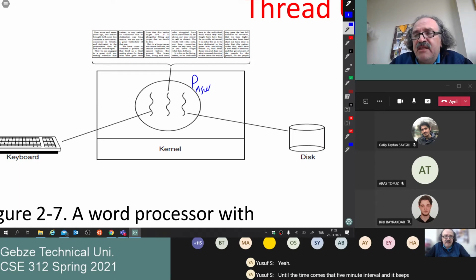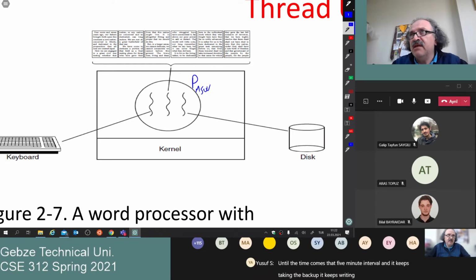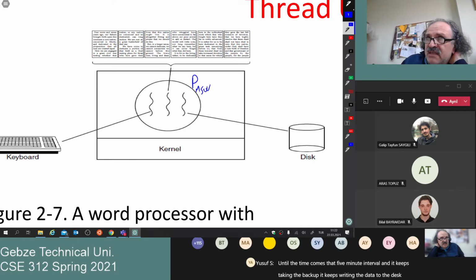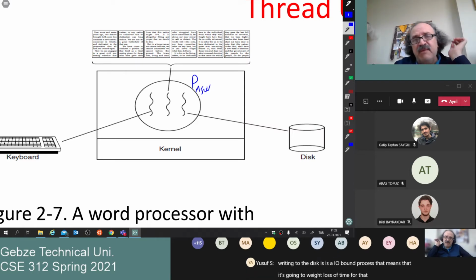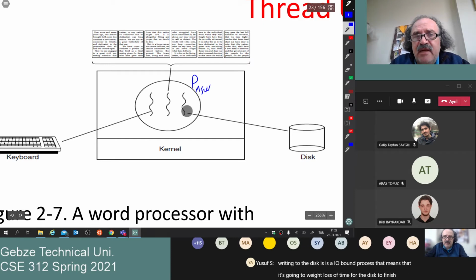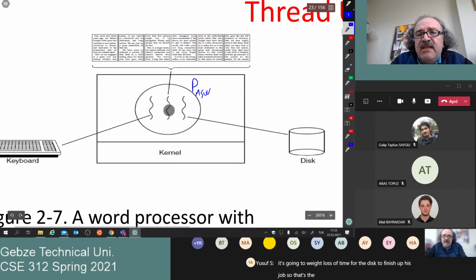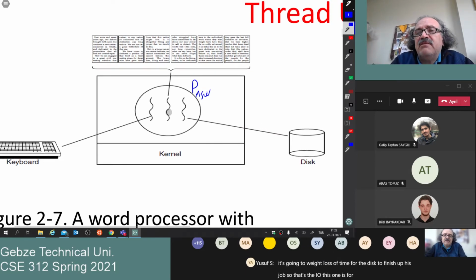It keeps writing the data to the disk. Writing to the disk is I/O bound. That means it's going to wait a lot of time for the disk to finish its job. So that's the I/O.